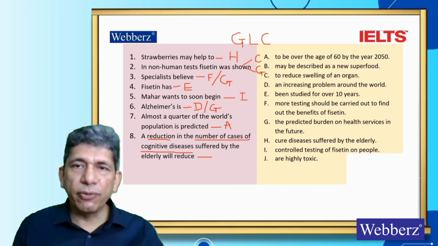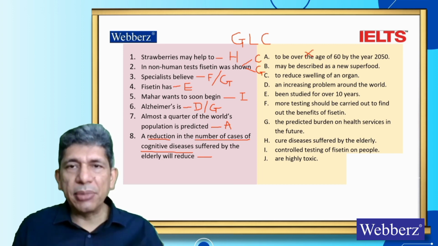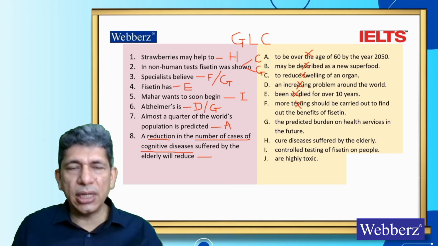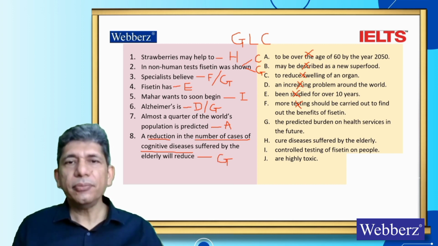To be the age of 60, may be described as a superfood, to reduce swelling, an increasing problem around the world, being studied over 10 years, more testing to be carried out, suffered will reduce the predicted burden on this. So the G comes here, quite obvious.